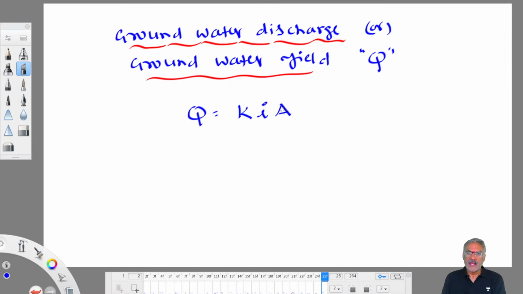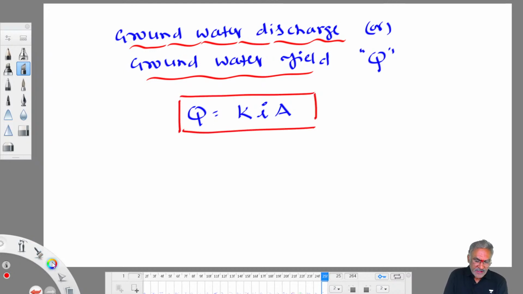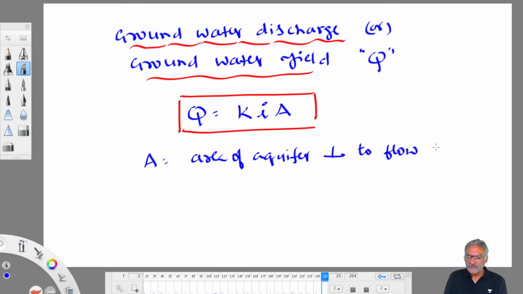That is area into velocity, where velocity V is equal to Ki. Area is the extra thing. What is A here? K and I are known to you already. A is the area of the aquifer perpendicular to the flow direction.